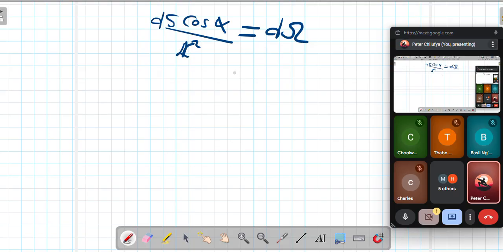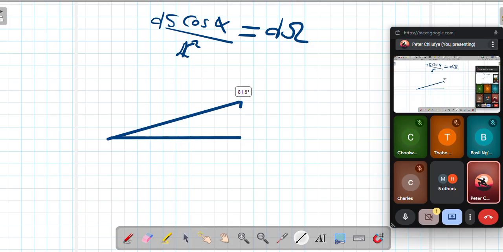For example, the other thing I'm going to teach you is something special about the right angle triangle. If you use SOHCAHTOA, it's going to help. I've been teaching my students this.